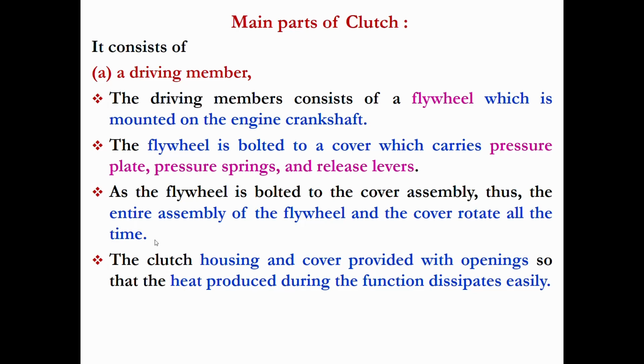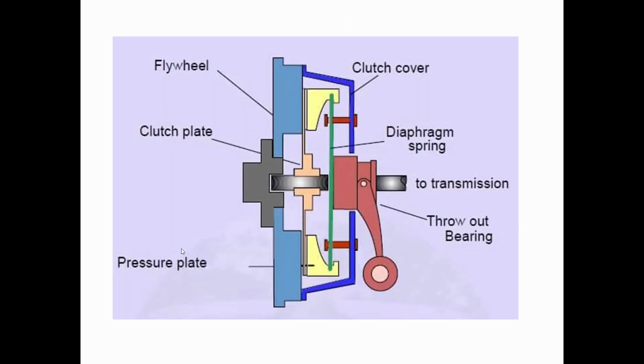It has a cover or housing, and all the parts of the clutch are kept inside this housing assembly. Here the blue colored region is the flywheel, and the power is transmitted from the flywheel to the clutch plate, and then to the driven part.